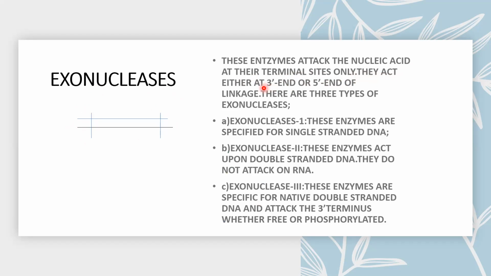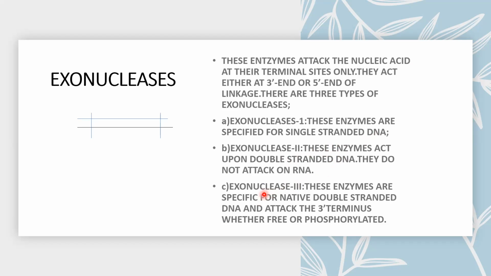They act either at the 3' end or the 5' end. They are further of three types: exonuclease 1, exonuclease 2, and exonuclease 3. Exonuclease 1 acts only on single-stranded DNA, and exonuclease 2 acts on double-stranded DNA, and they will not attack RNA.